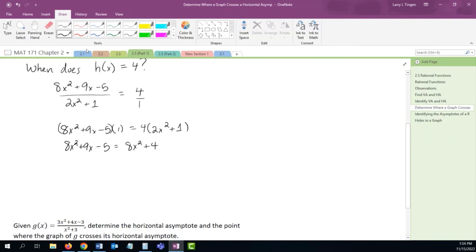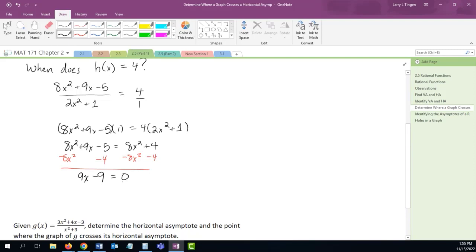Okay. Combine like terms. Subtract 8x squared from both sides. It's a square, so I'm going to get everything on the same side. Get that plus 4 to go away by doing minus 4. 8x squared minus 8x squared is 0. 9x minus 0 is 9x. Negative 5 minus 4 more is negative 9. 8x squared minus 8x squared is 0. 4 minus 4 is 0.